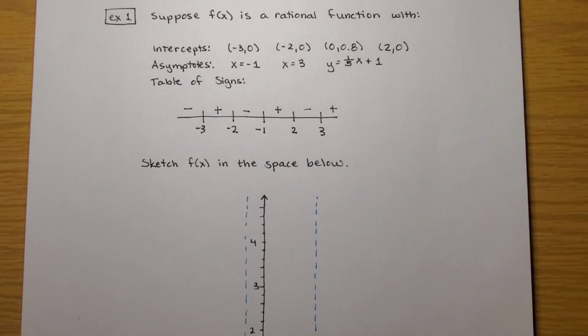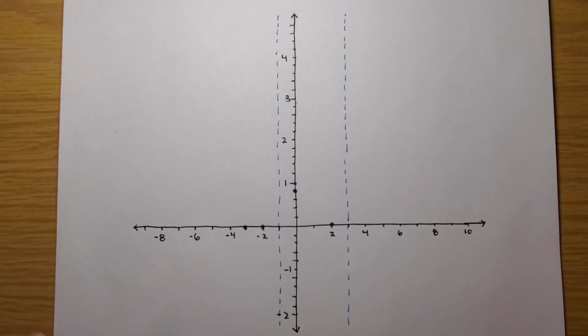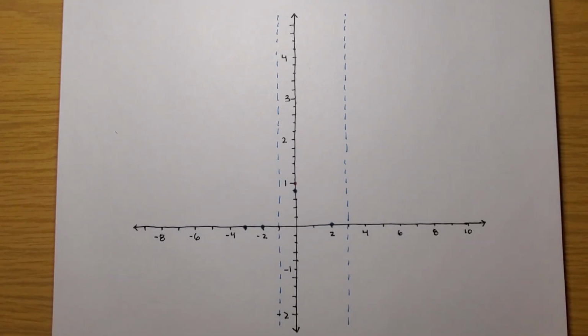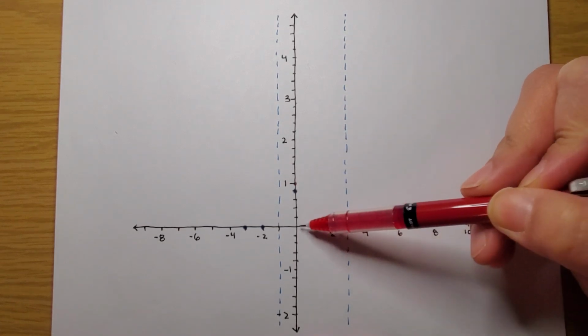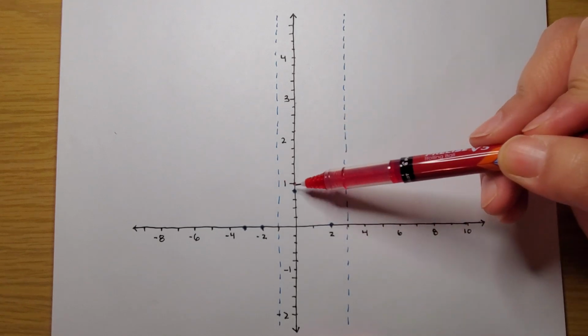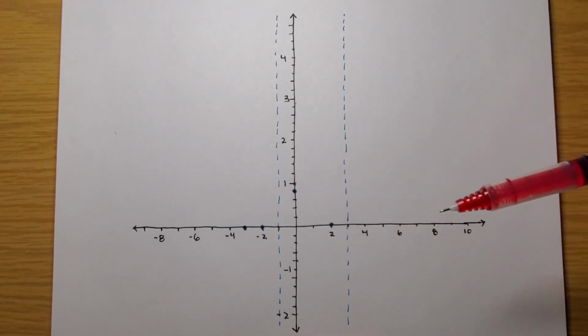I'm going to keep doing that as long as I can, or I could go down 1 unit and to the left 5. Now, I have to be very careful here because my scale on my x-axis is different from that on my y-axis. When I go over 1 space horizontally, it's just 1 tick mark, but when I go up 1, it's up this whole big space. So I have to bear that in mind.